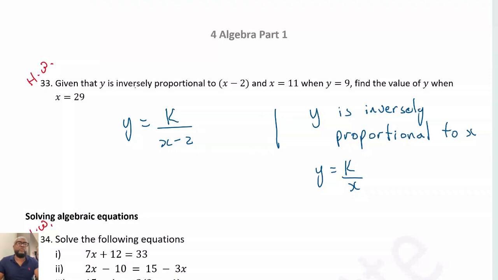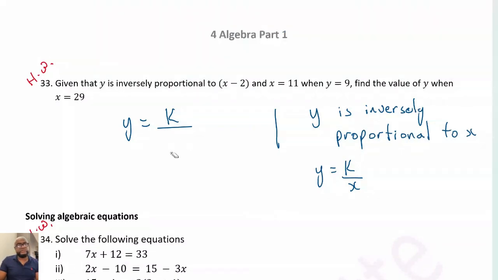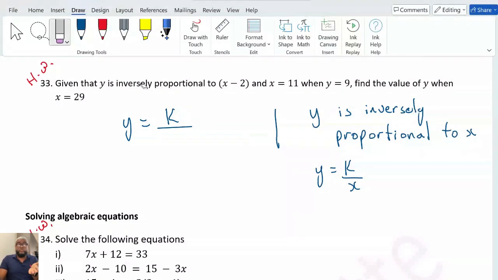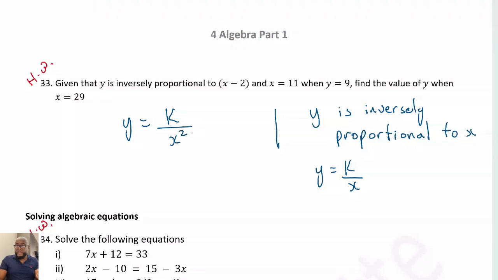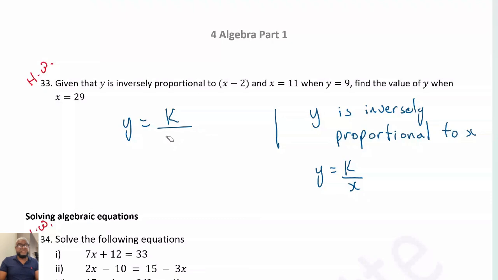If I said Y is inversely proportional to the square of X, what would I put underneath here? What would I put here instead of X minus 2? X squared. Very good. So you'll simply put X squared here. If I say Y is inversely proportional to, say, 2X, what do I put underneath here?